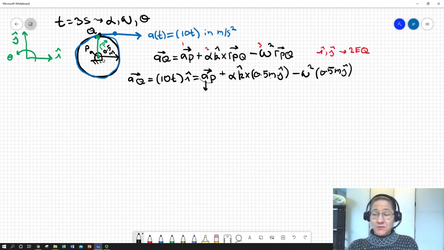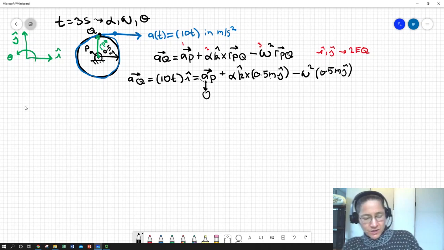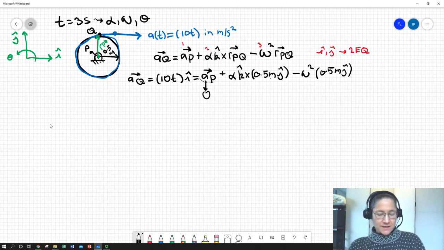It has no velocity and has no acceleration. It's just sitting there. Q definitely has acceleration, and in fact it has acceleration both tangential and normal. But P is just sitting there. It's not accelerating. So we know this is 0. So we can rewrite our expressions and get something much simpler.